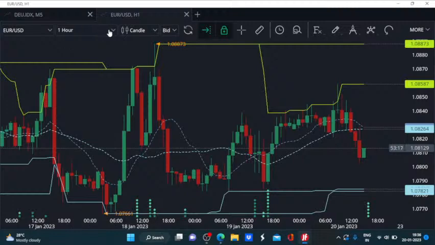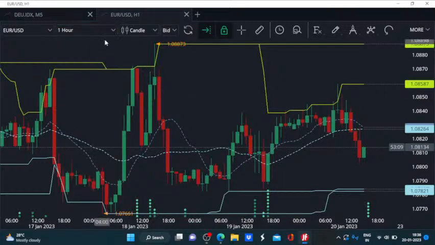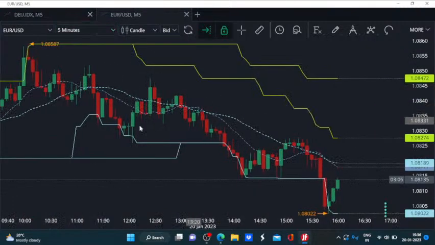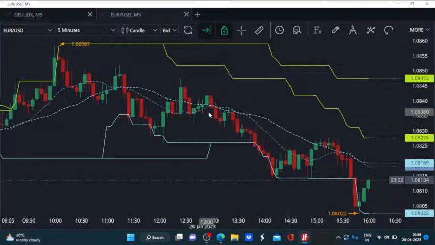So Euro USD is not exactly bearish, though it is finding resistance on the higher side and declining in today's session. But we have to keep that in the larger scheme of things. It is simply consolidating within this range, with the resistance coming into play around 1.09 thereabouts, and support just a little below.